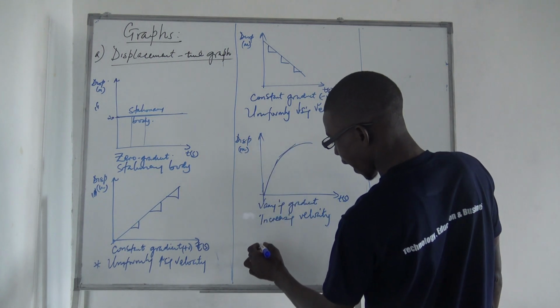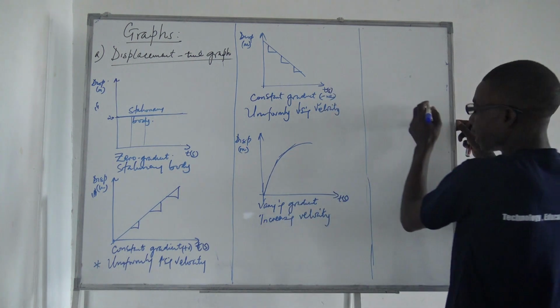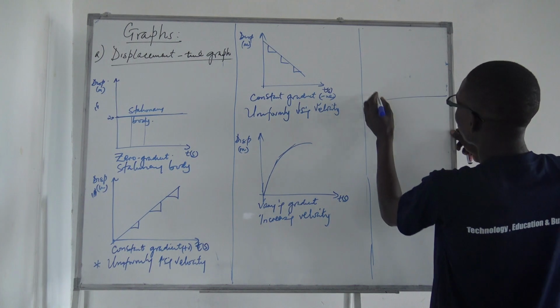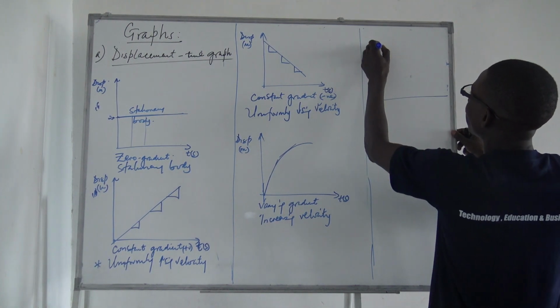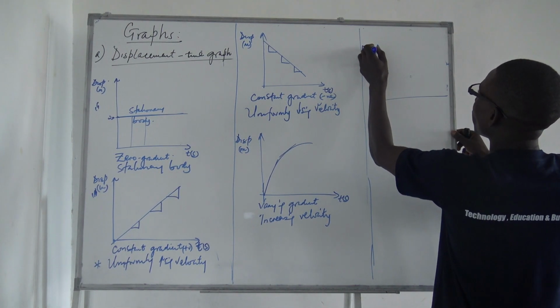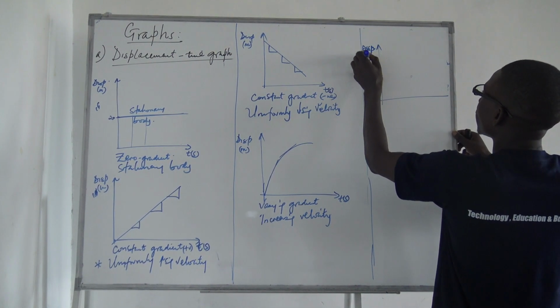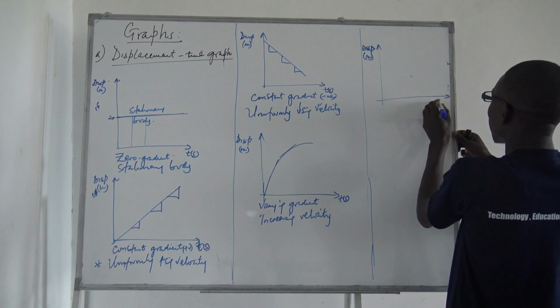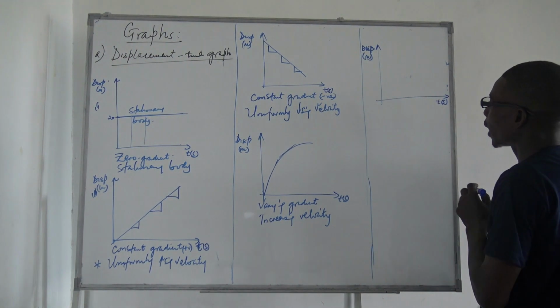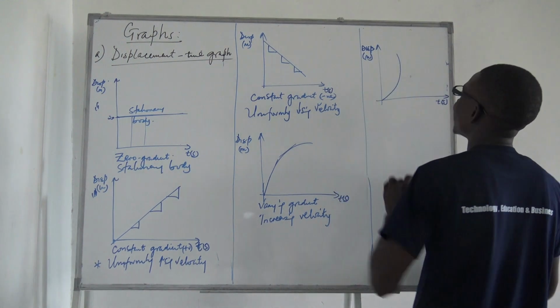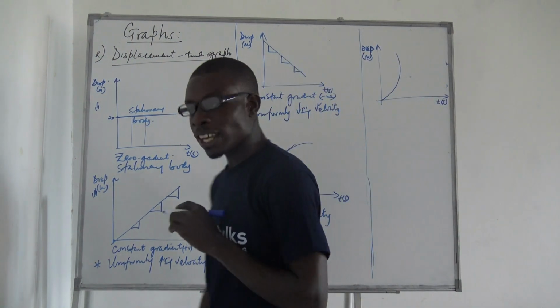And then let's look at this kind of problem here. Should I draw it here? This can also still be my displacement, and then I can have your time. Okay? And then I can have this here.